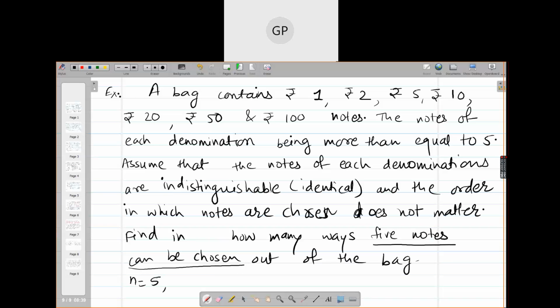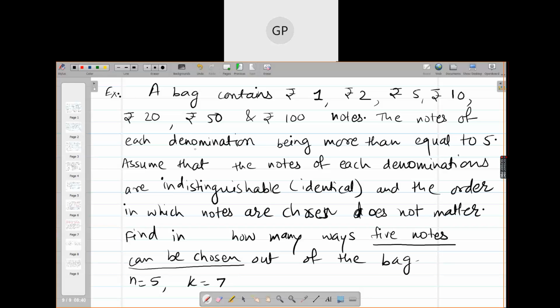And how many types of objects you have? That is your K. K types of objects we had said, R1, R2, Rk. So how many types of notes you have now? 7 types. Yes. So once you get these two numbers, it is easy to find the answer. You need to identify the situation. See the language carefully. Indistinguishable means identical objects.